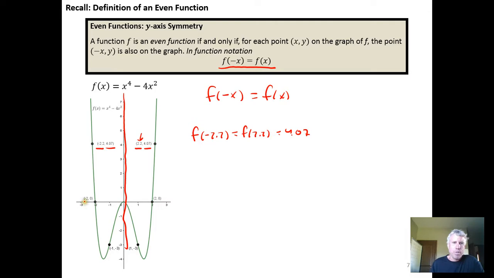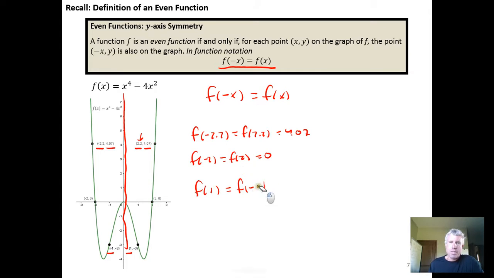F of negative 2 equals f of 2 equals 0. F of negative 1 equals f of 1 equals negative 3. This is the hallmark of even symmetry.